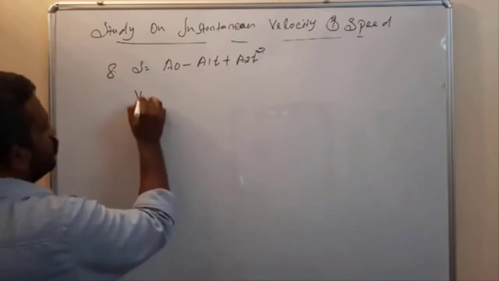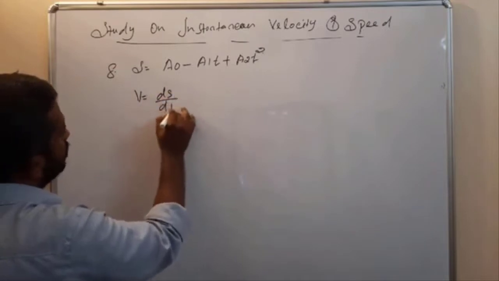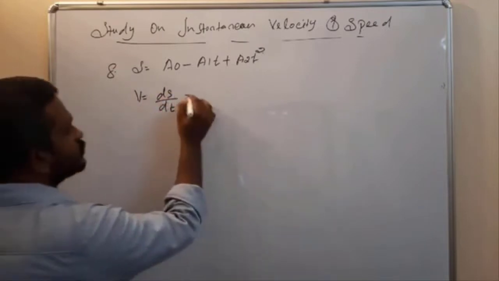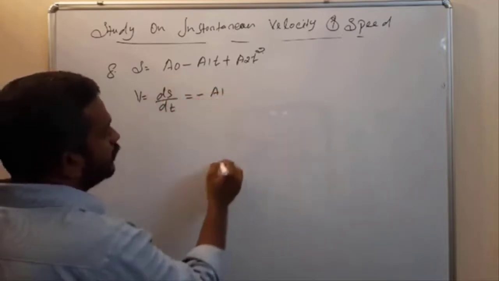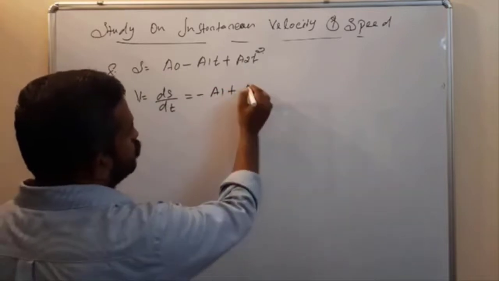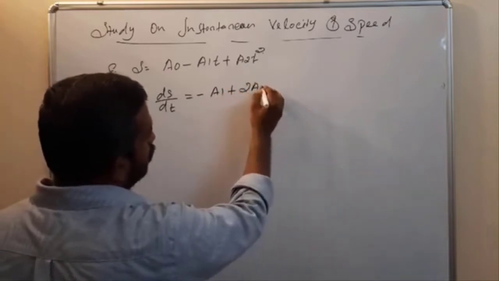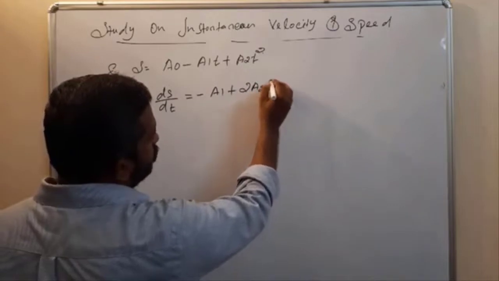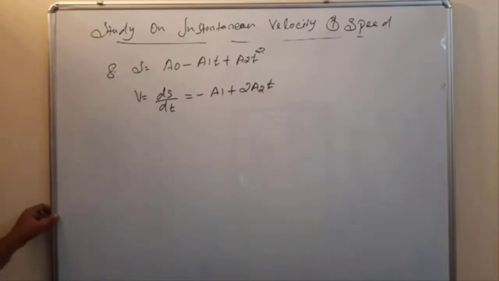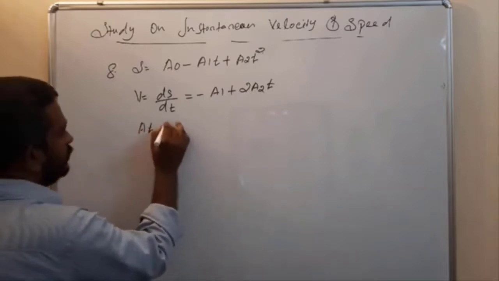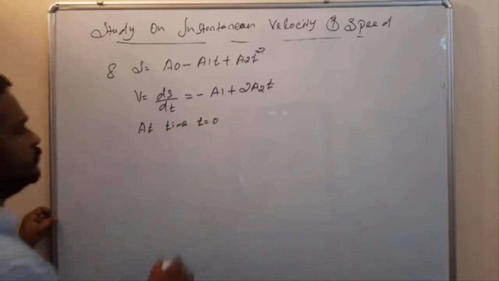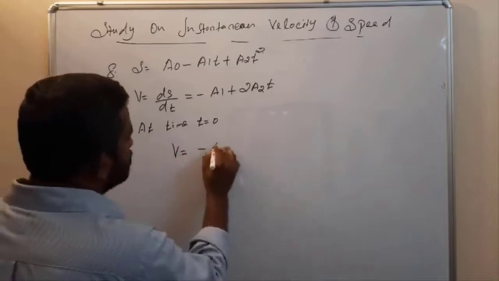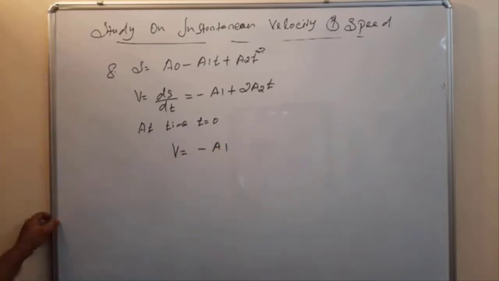Velocity is equal to ds by dt, that is equal to, constant differentiates to 0, minus a1 plus 2 a2 t. At time t equal to 0, velocity v is equal to minus a1.